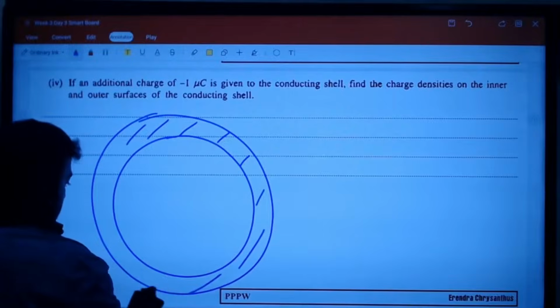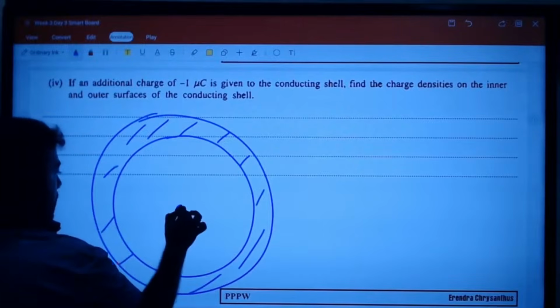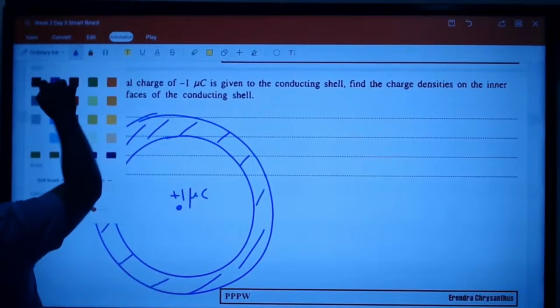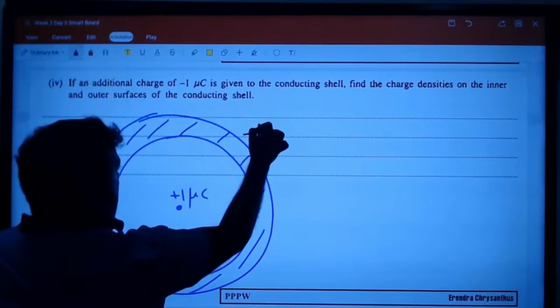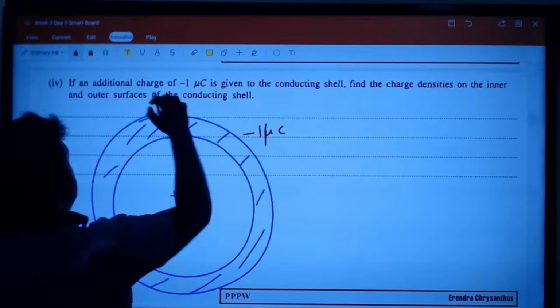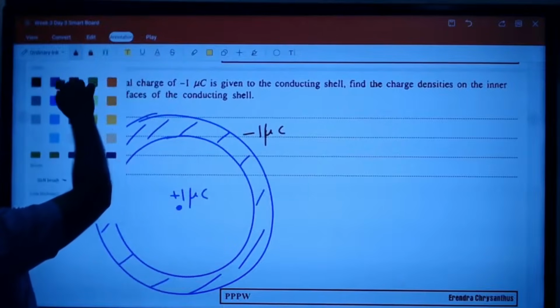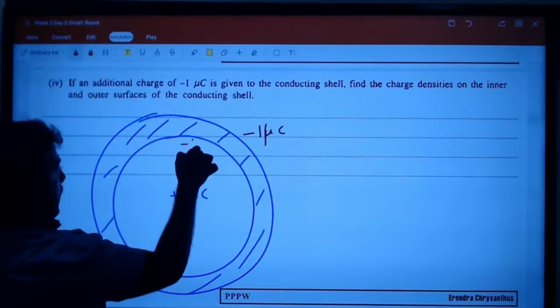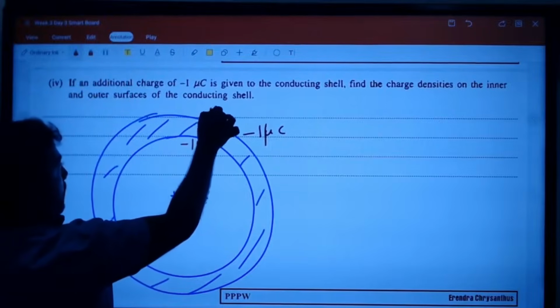Plus 1 microcoulomb, you are giving minus 1 microcoulomb. Don't forget the induced charges. Induced charges are plus and minus 1 microcoulomb.